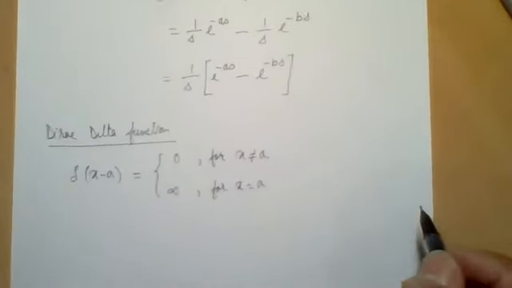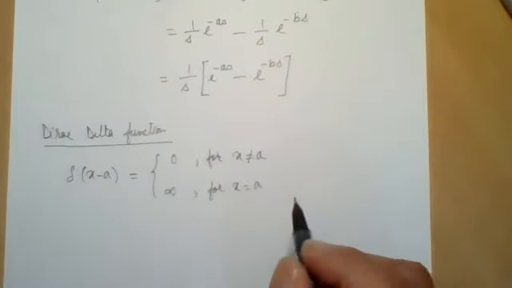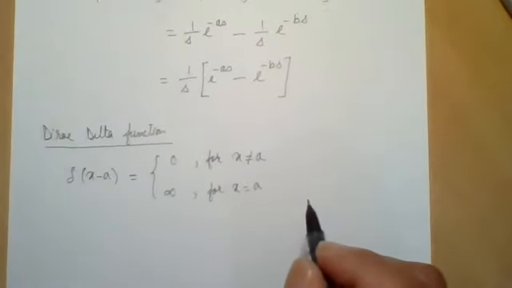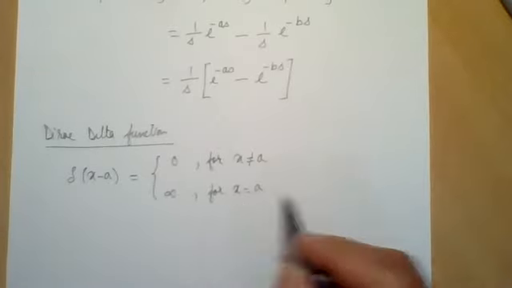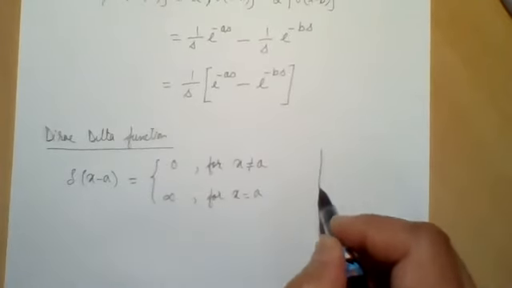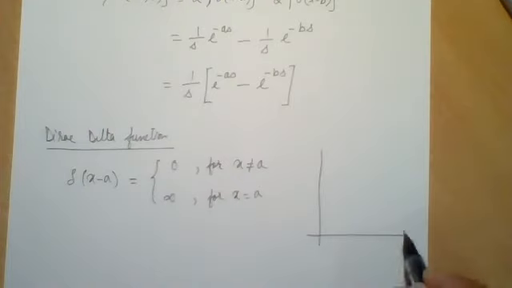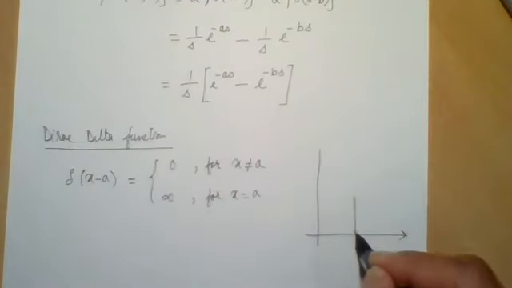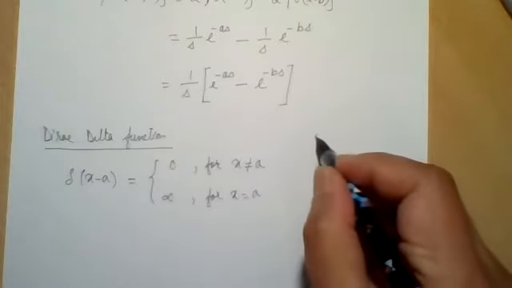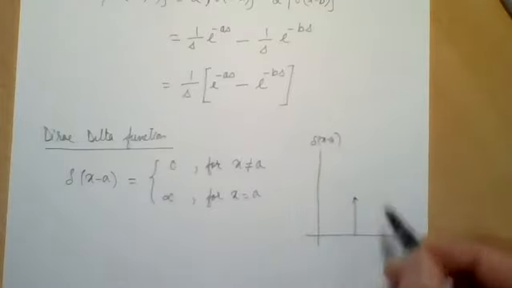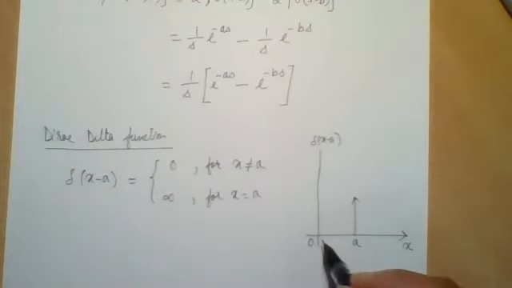So I have a very thin, infinitely tall spike at the point x equal to a, and this is represented graphically like this. This is the x-axis, this is the delta function, this is at x equal to a, this is the origin.